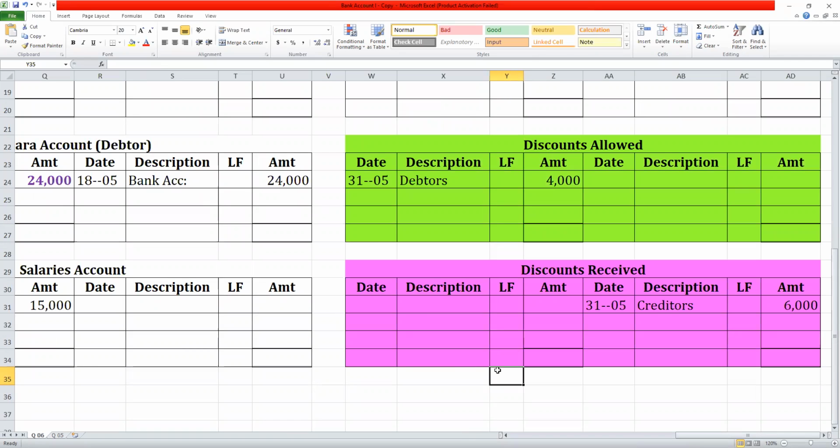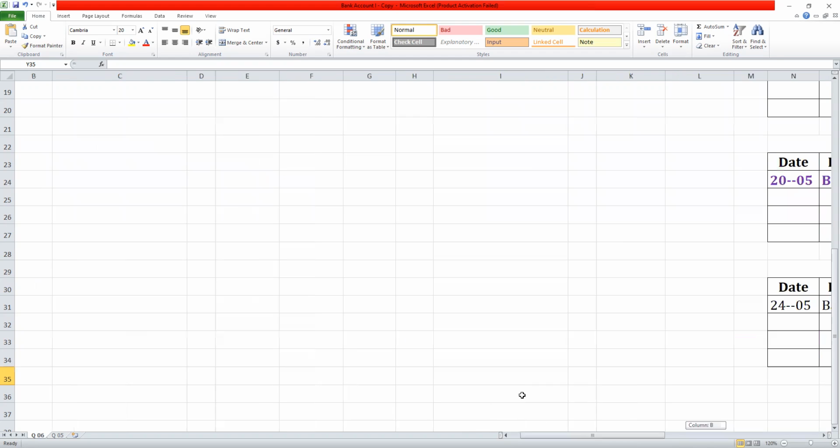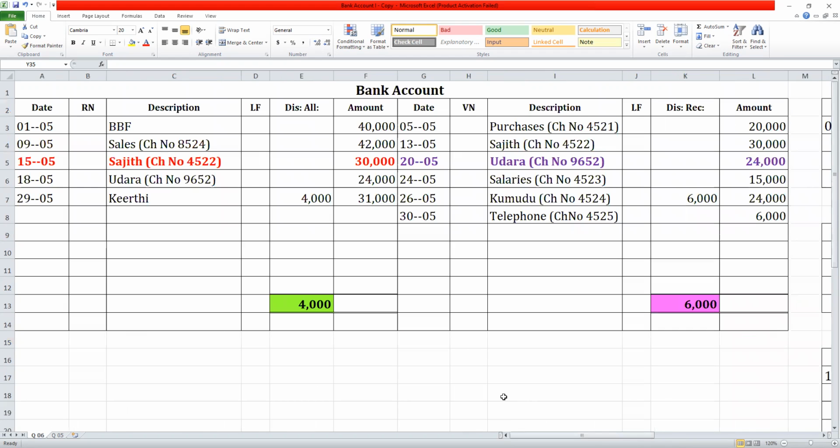Great. Now let's move to the balancing of the bank account. The total of the debit side is 167,000. It is all about addition and deductions.